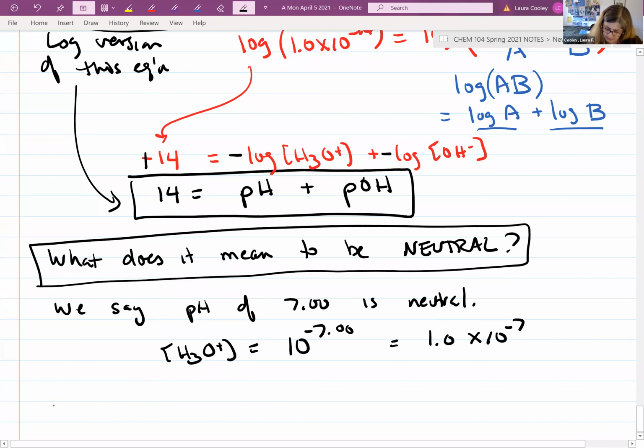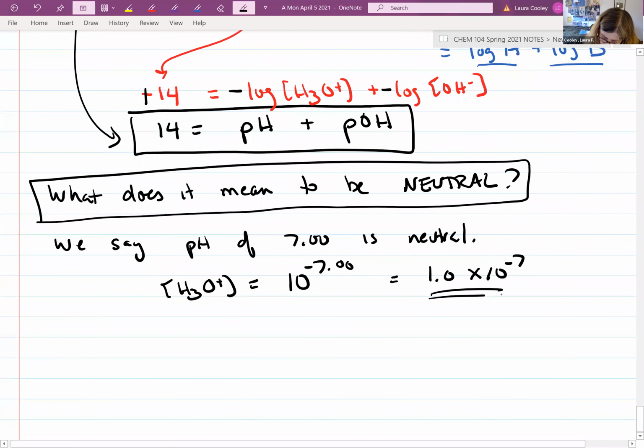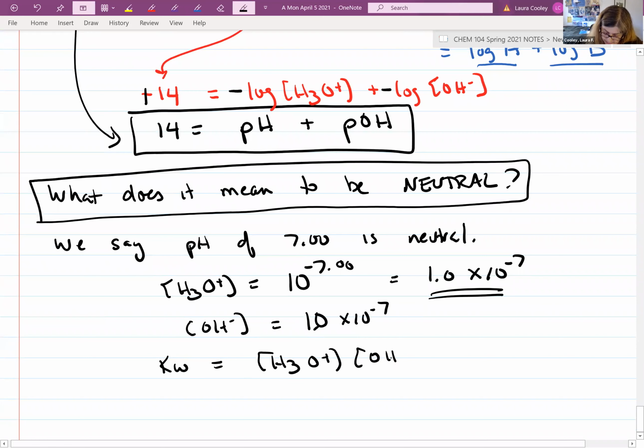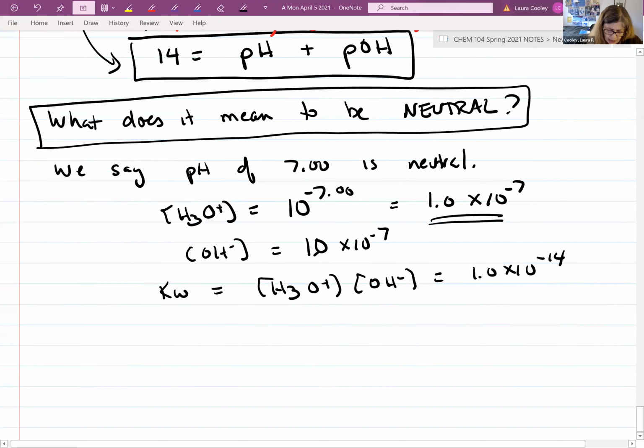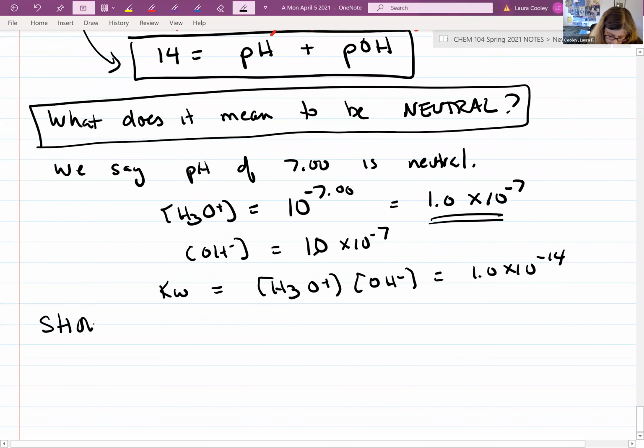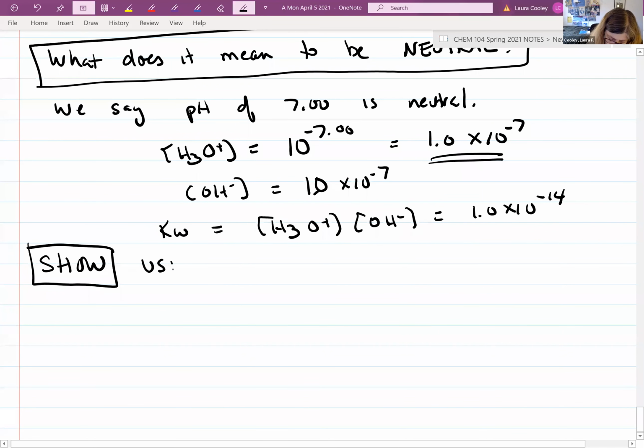This is the H3O plus. And in pure water, OH minus is also 1 times 10 to the negative 7th, because the Kw is a product of those two things. But I'm going to show this to you in a little more detail, and I'm going to use an ice chart.